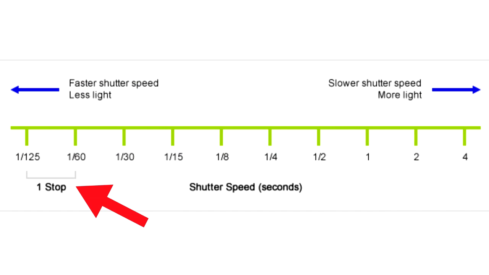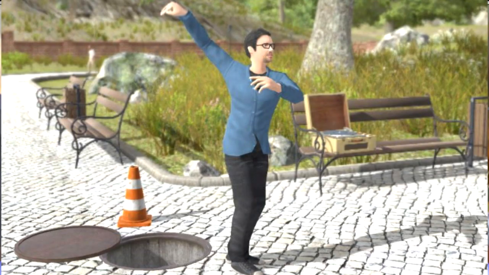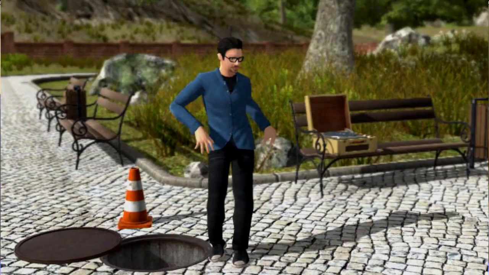Now, you need to understand that shutter speed is measured in what we call stops. This means that we can overexpose a photograph by one stop, or underexpose a photograph by one stop, or overexpose by 3 stops, or underexpose by 3 stops.